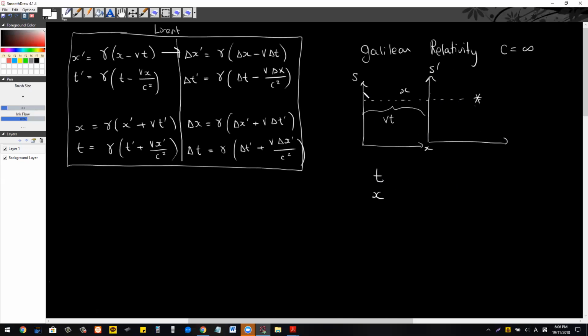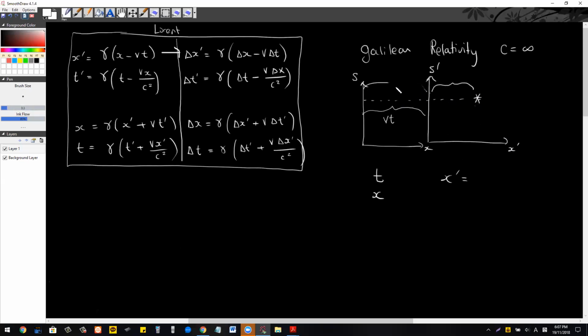From there to there is x, according to the frame S. What's going to be x dash? x dash is the coordinate of this event according to the S dash frame. That's going to be this much, isn't it? Oh, hold on, I made a mistake here.